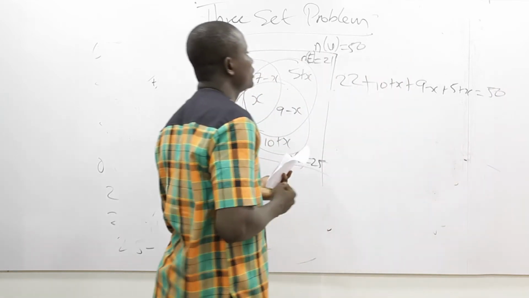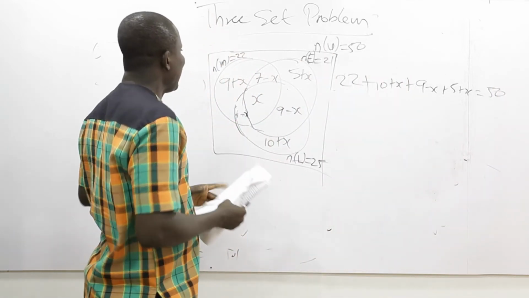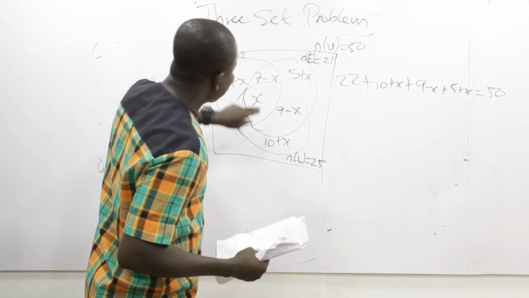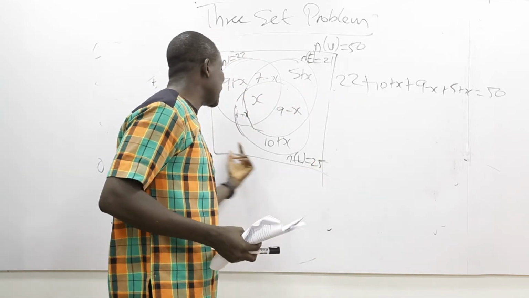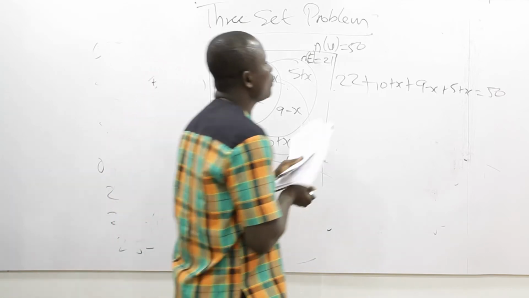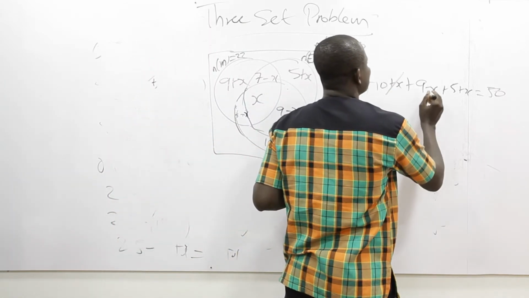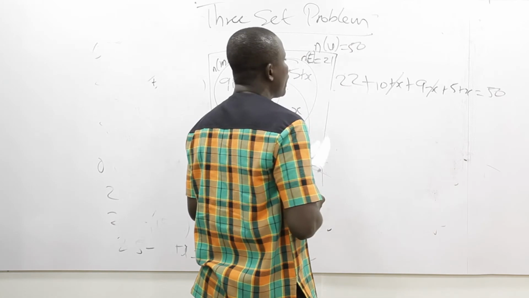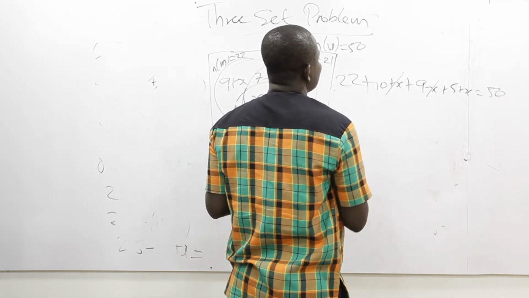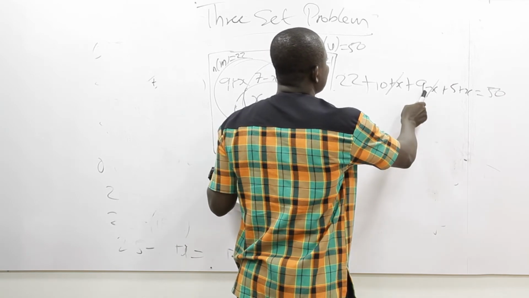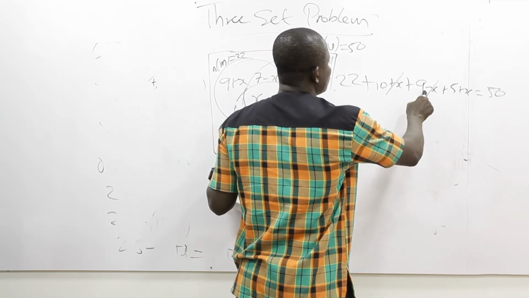Look at it, I'm repeating. I just picked this 50, then I added this and that and equated to the universal set, since there is nothing outside here which is not a part of it. So I can now say that this and this go off. Now let's see how we can do our addition. This plus this is 32. 32 plus 9 is 41, plus 5 is 46.